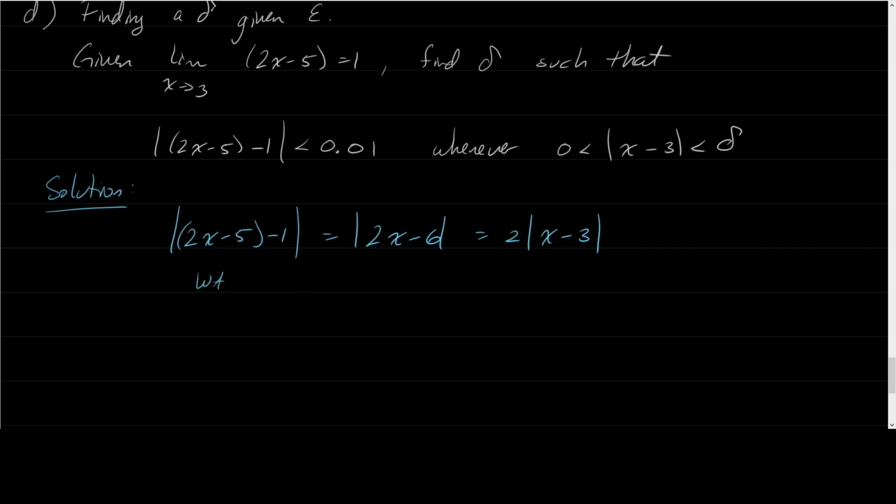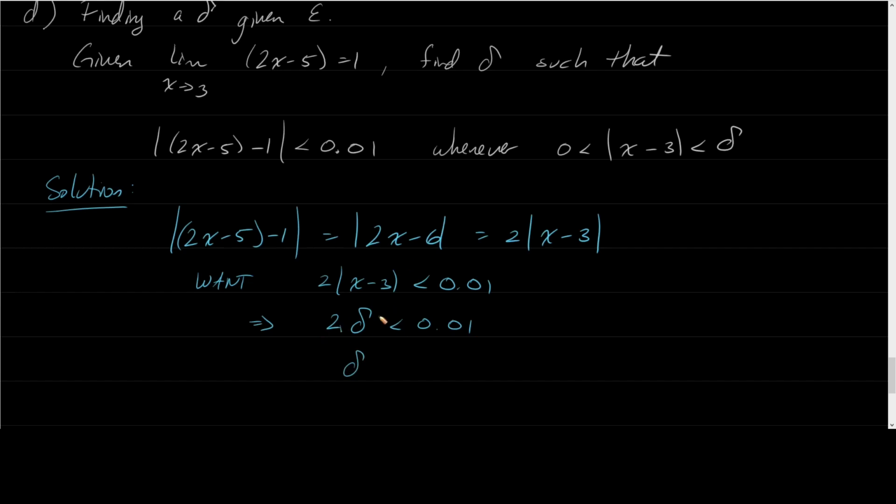We want 2 times the absolute value of x minus 3 to be less than 0.01. So what we really want is to have 2 times some delta be less than 0.01. So from there, dividing both sides by 2, that gives me delta.